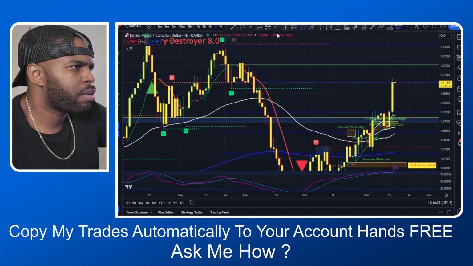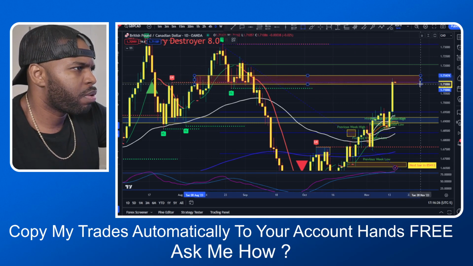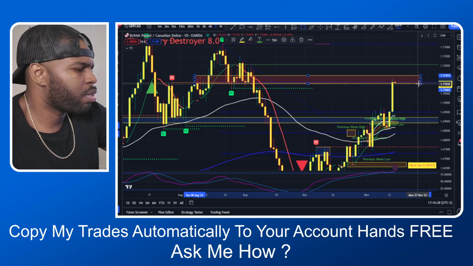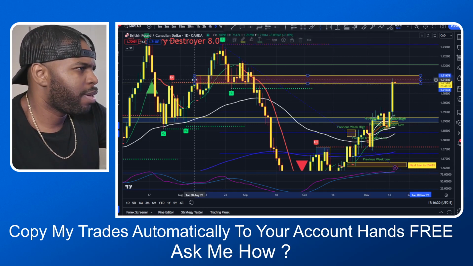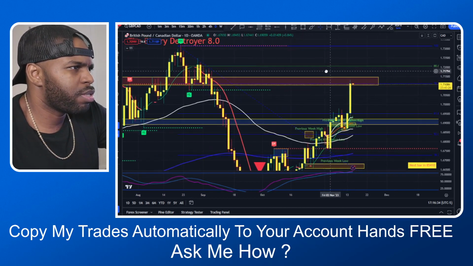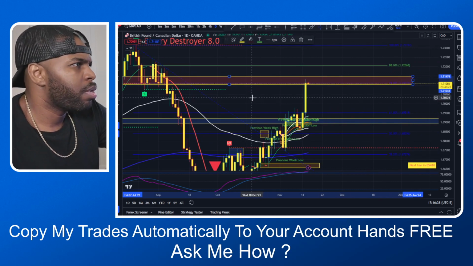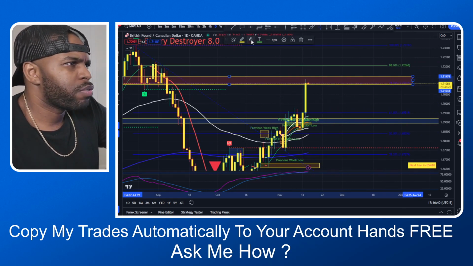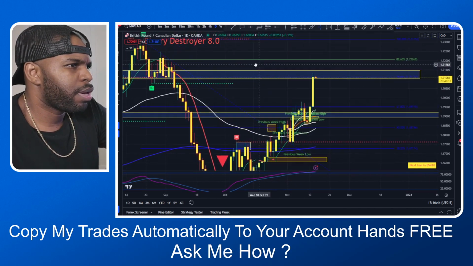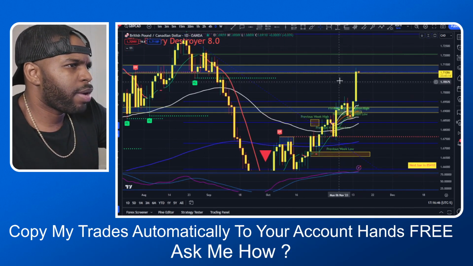Maybe this is a zone, okay, this might be a zone. This is the daily chart, by the way. I was just on the weekly, but now I'm on the daily chart. This is a random zone, so I'm going to make it blue. This is where we're at right now on the daily chart.